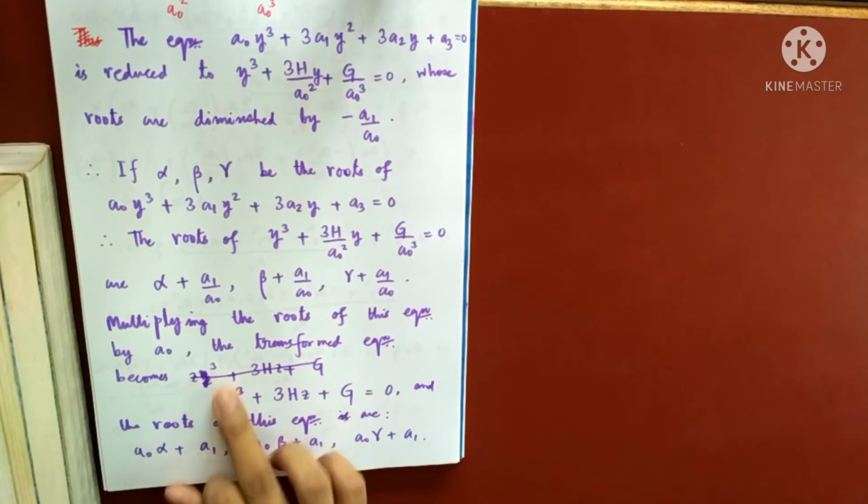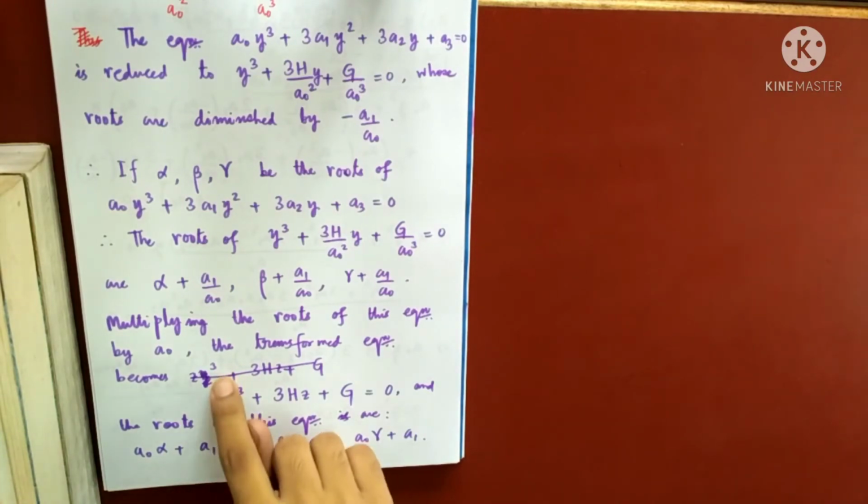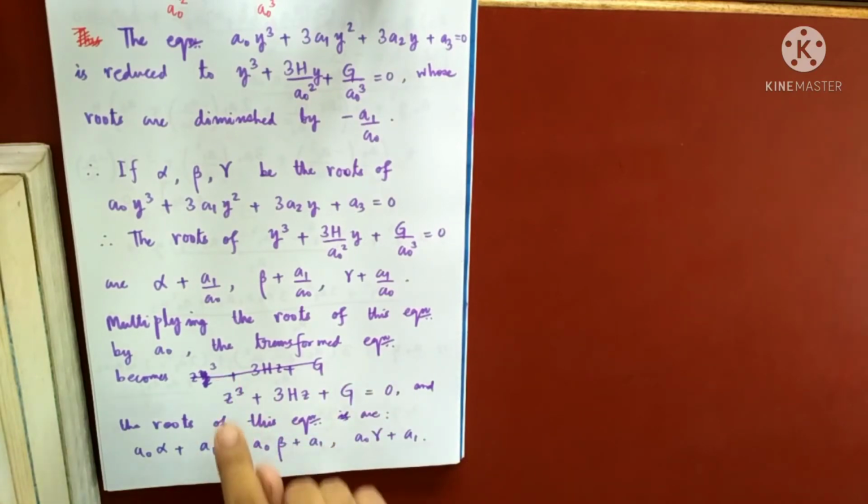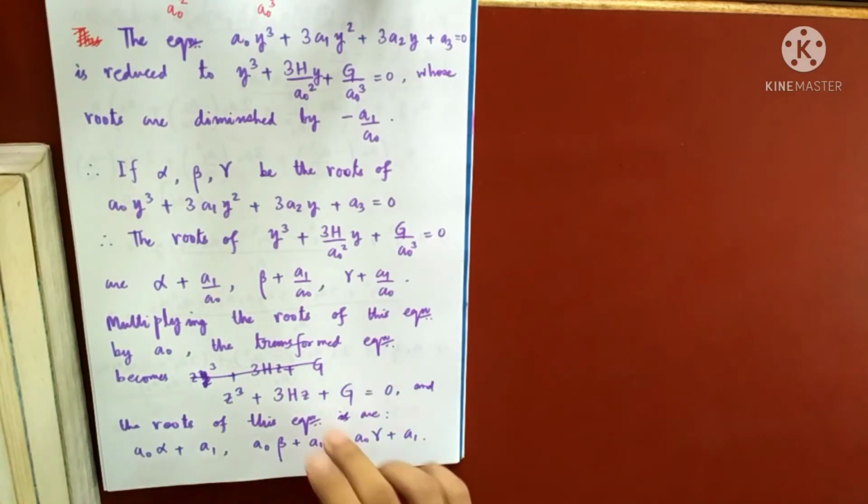This is our aim now. If this form is not given, by using this transformation I can reduce the original cubic to the standard form. This is known as the standard form of a cubic equation.